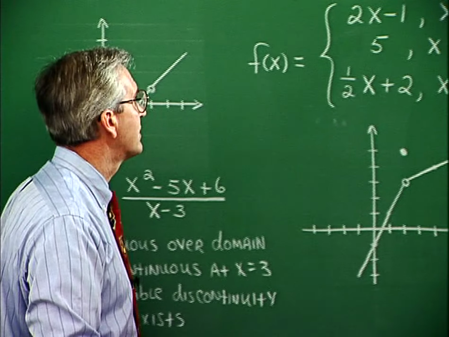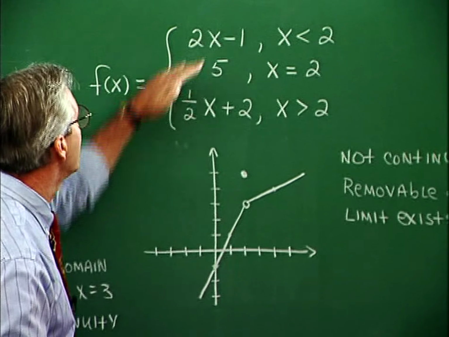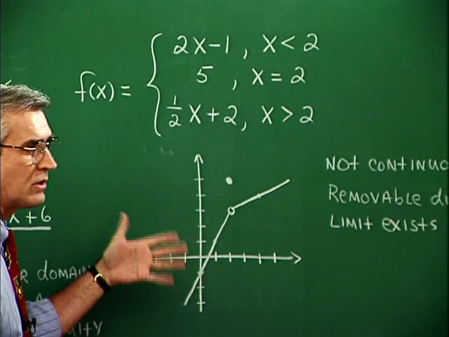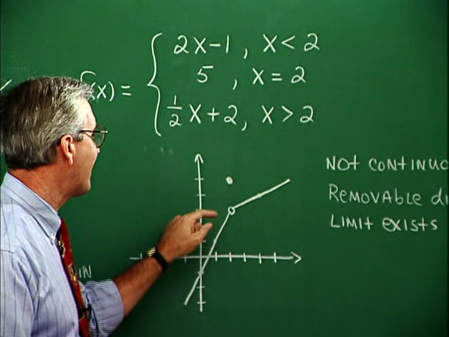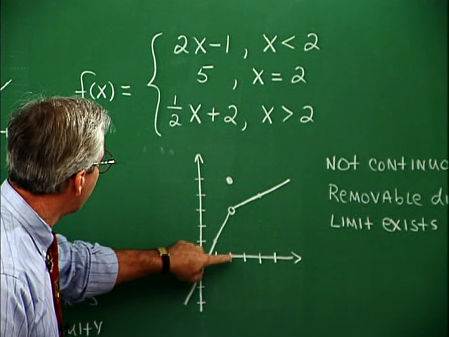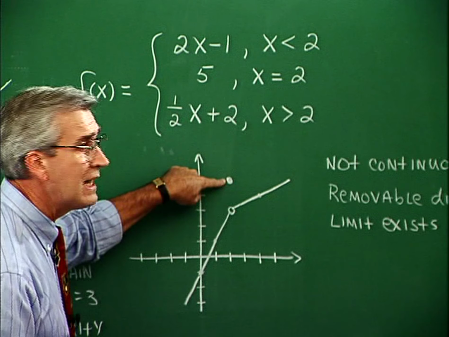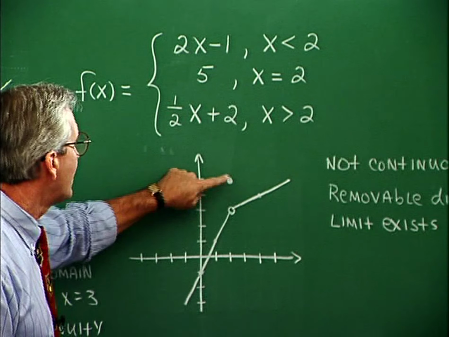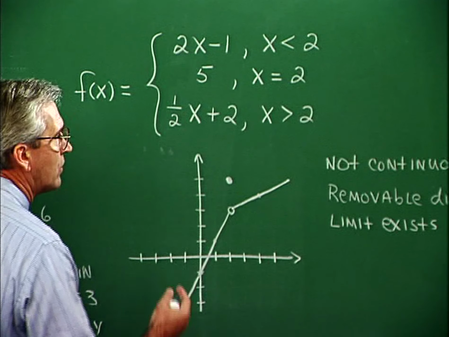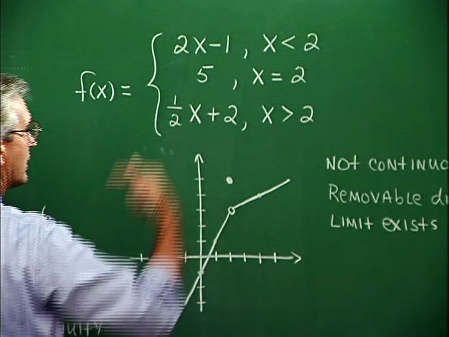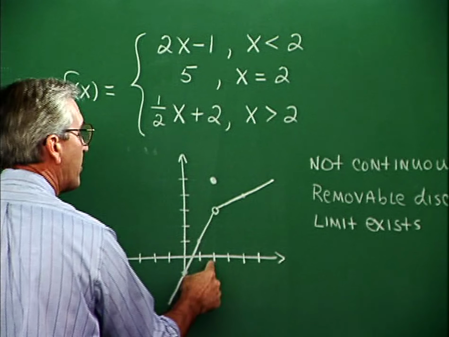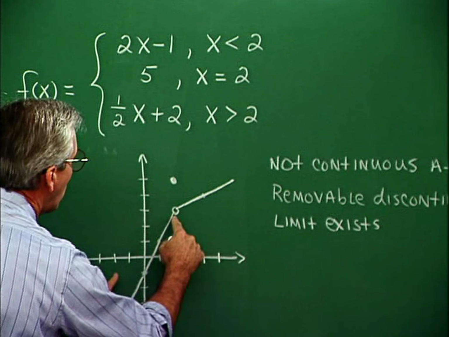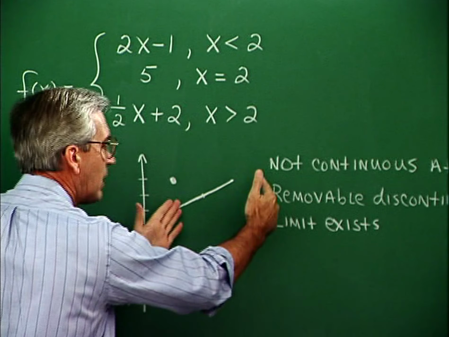Here's one that's defined in pieces. The function is defined in pieces, and the graph has this appearance. And once again, we just have kind of a hole in the graph, but f of the place where the hole is is defined. You see, f of 2 is defined up here. So we would say that the entire function is not continuous at that point, and it is incidentally continuous over an open interval over here, and an open interval over there.